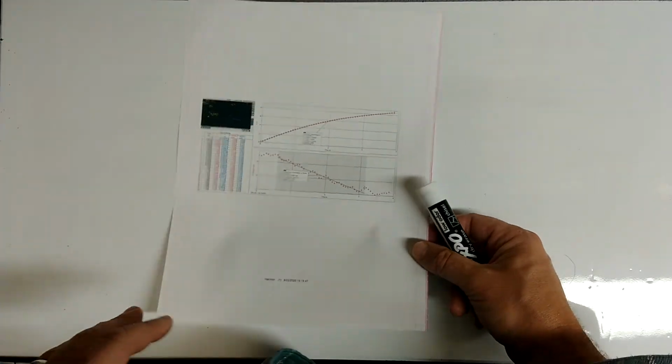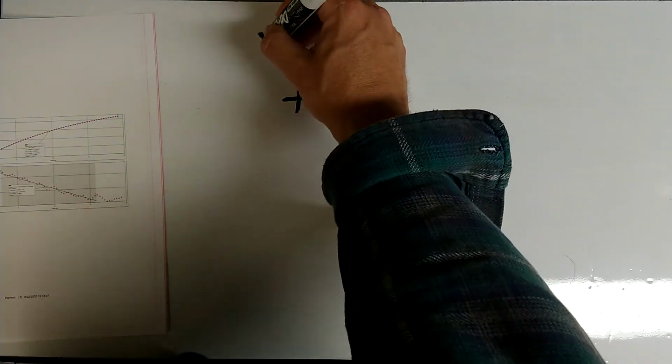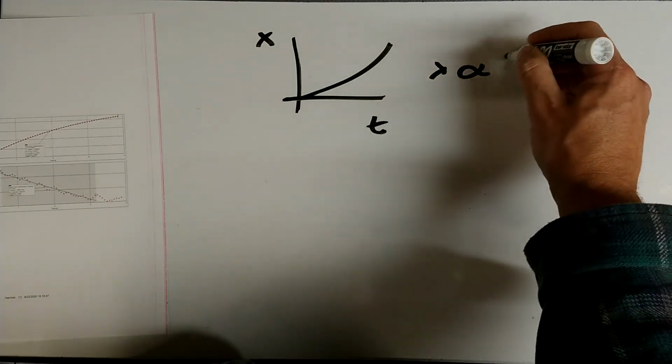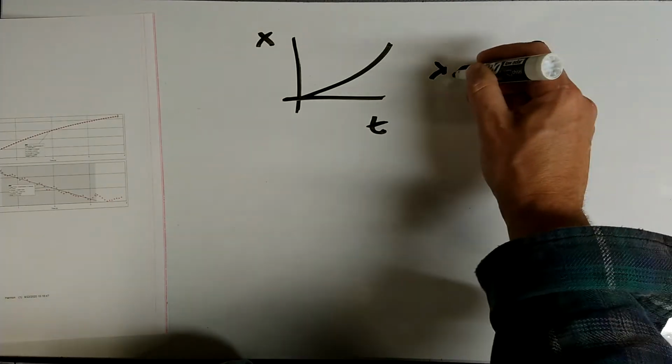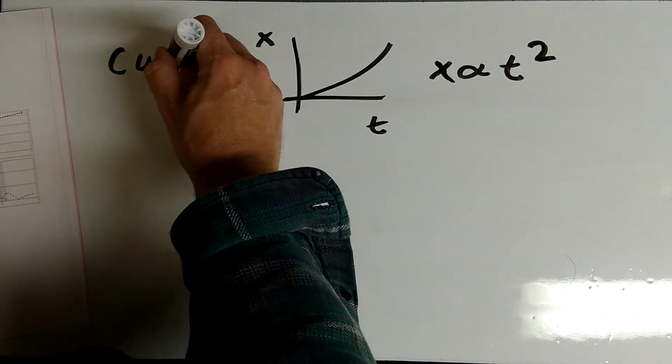Well, if you took Physics 11 Honors last year, something we talked a lot about was when you have a curved position versus time graph, x versus t, if x is proportional to t squared, that's what we called curved.